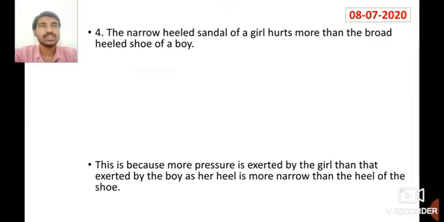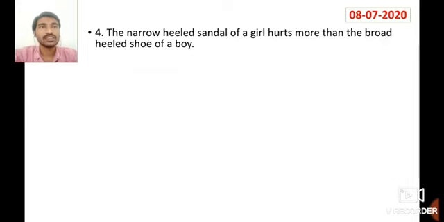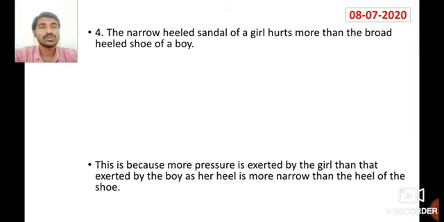So the narrow-heeled sandal of a girl hurts more than the broad-heeled shoe of a boy. Why? Because more pressure is exerted by the girl than the pressure exerted by the boy, because the boy's shoe has a broad heel and the girl's shoe has a pointed heel.